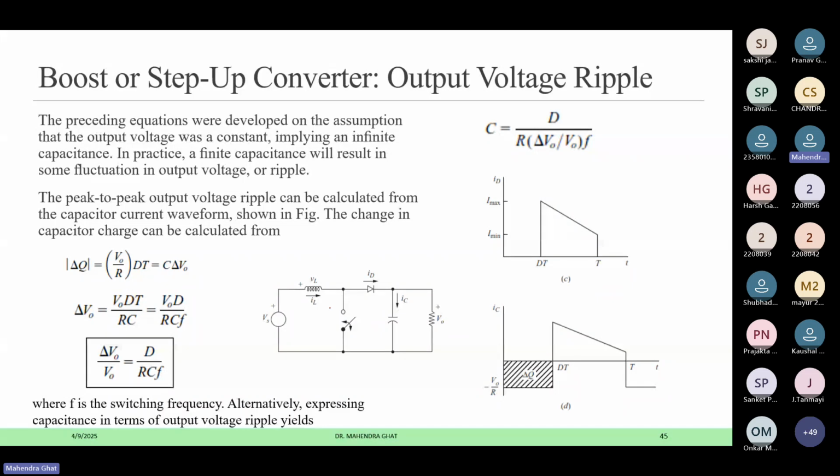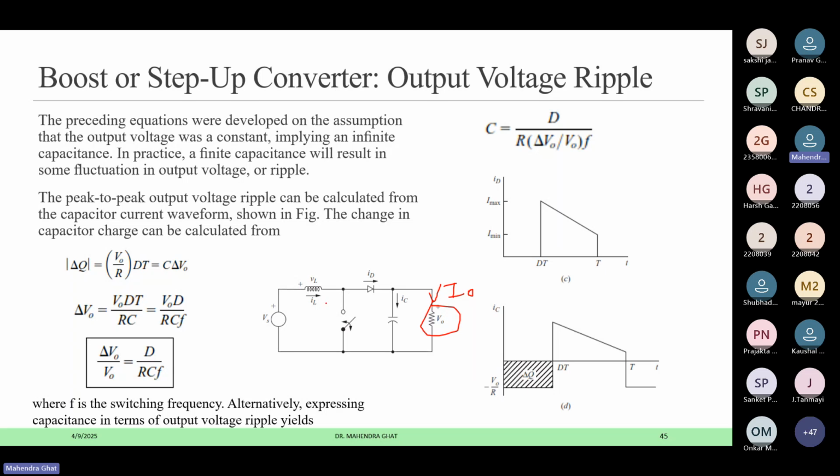Now you can see this load or the output we are considering as DC. So the voltage has to be DC and constant, and the current has to be DC and constant, as IO current is required by me, and that has to be constant.